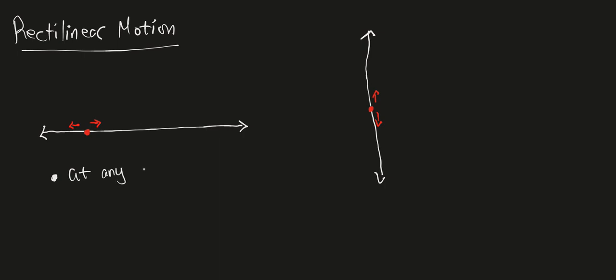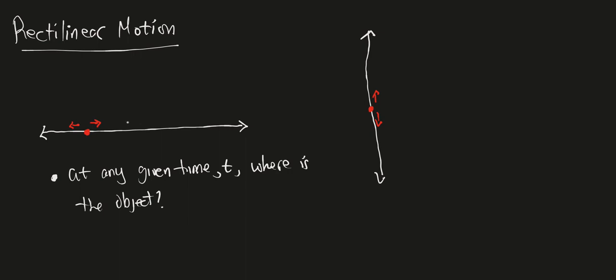At any given time, let's say t, where is the object on this horizontal axis? Where is it? Right? Now to answer the question about where, usually you would need some point of reference.